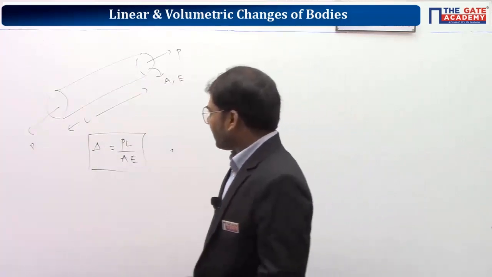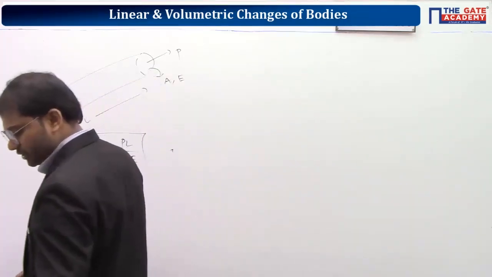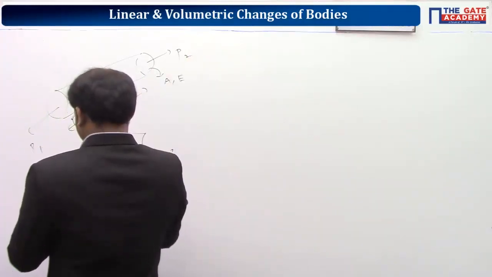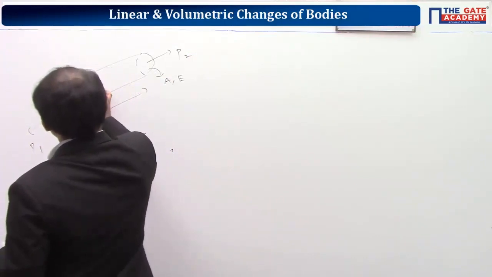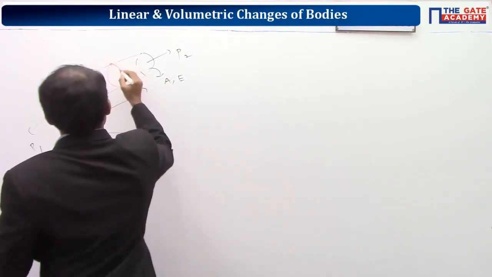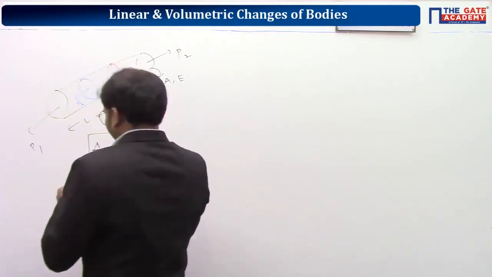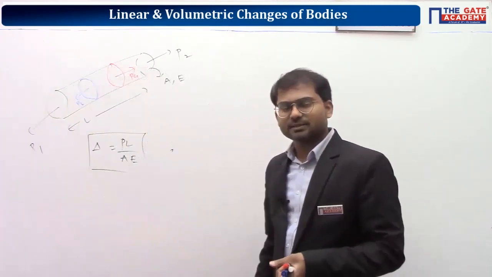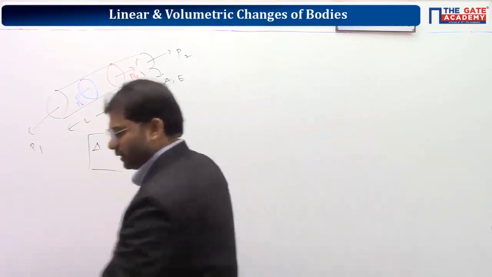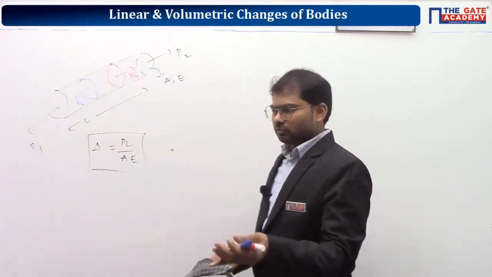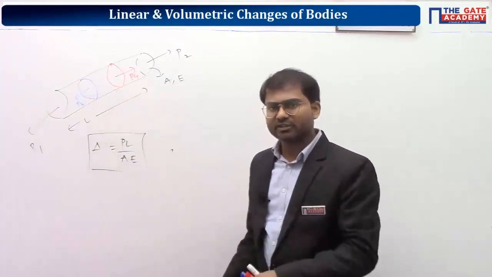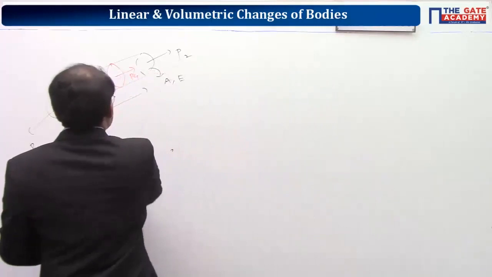Okay. But if you have a scenario where at intermediate locations there are multiple forces, let's take this is P1, P2. Here let's assume there is P3, and another location there is P4. So when you have multiple forces like this, then we should be solving in a little bit different way. Okay? So I'm just going with this one here, though the diagram shown on the screen is different, because ultimately the concept is very important.